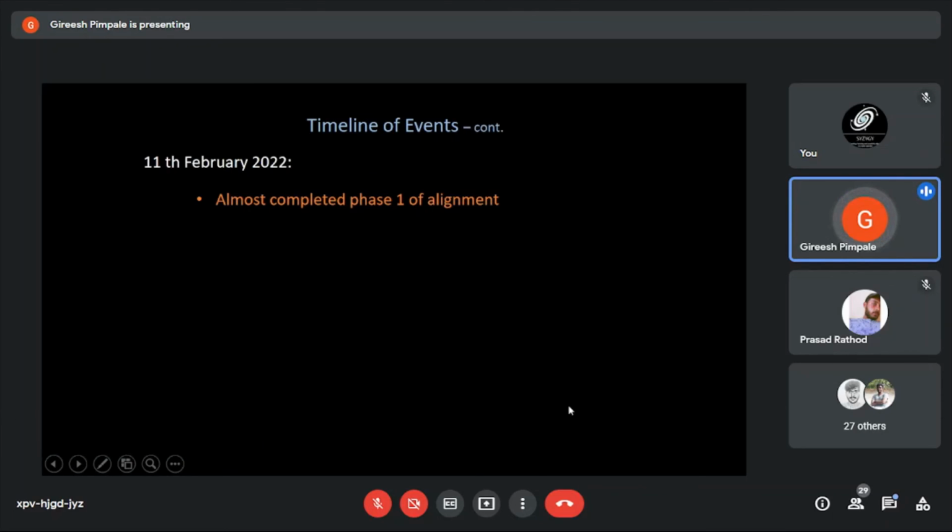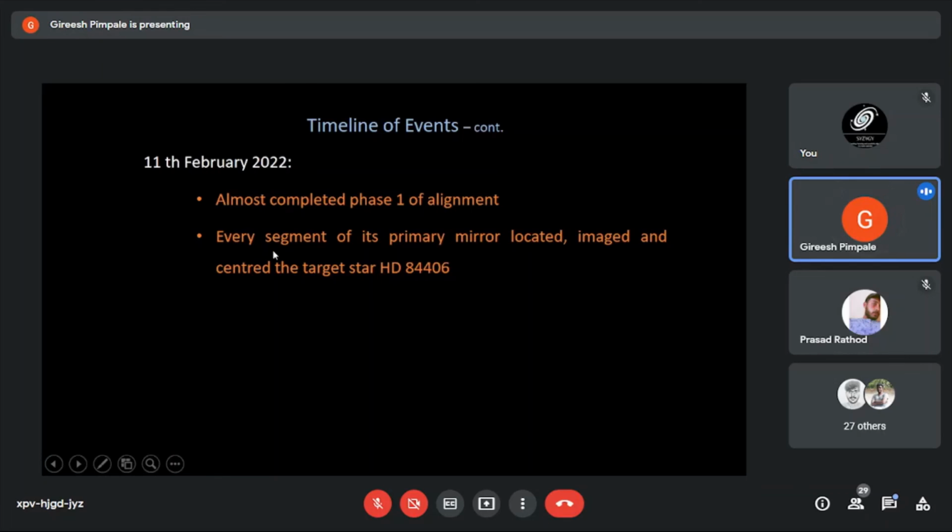Then on 11th February, it almost completed the first stage of alignment. Every segment of its primary mirror located, imaged, and centered the target. Some star was there, so it was focused. The primary mirror was focused towards a target star.